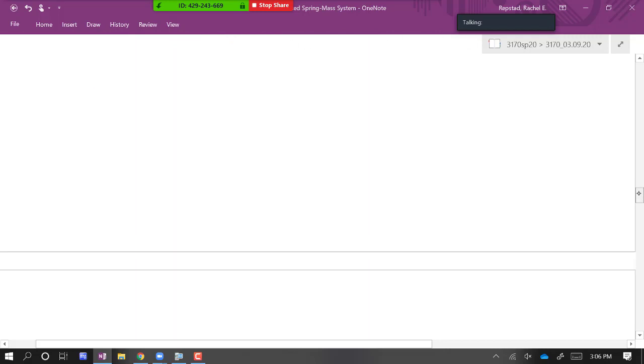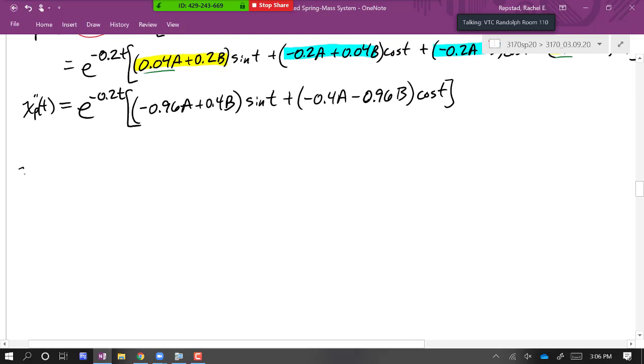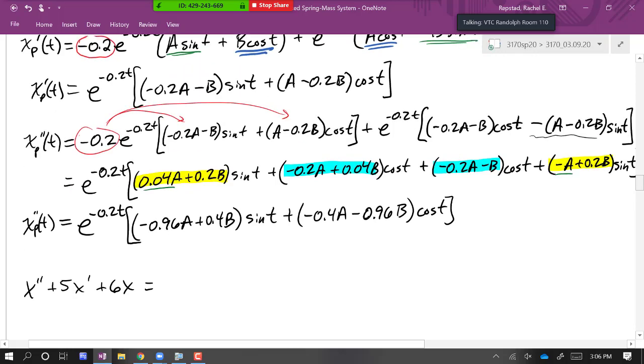So the equation looks like x double prime plus 5x prime plus 6x. I'm going to substitute, and I'm going to do this in 3 lines to make it easier to deal with. So x double prime, that's what we just found, I'm going to write that down first.